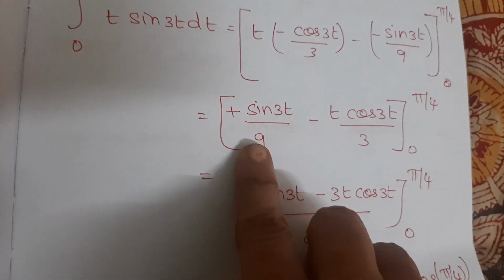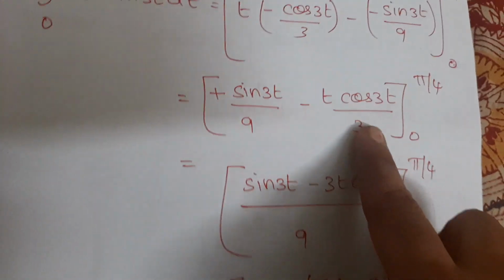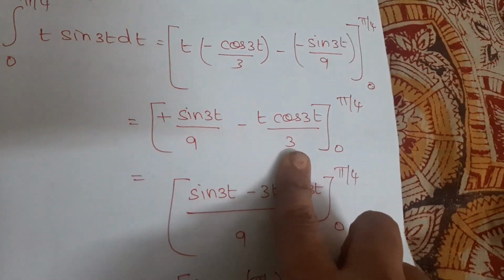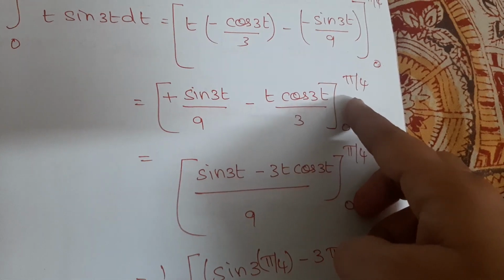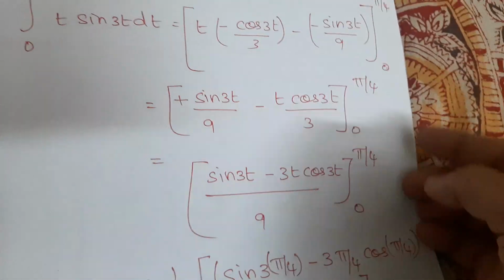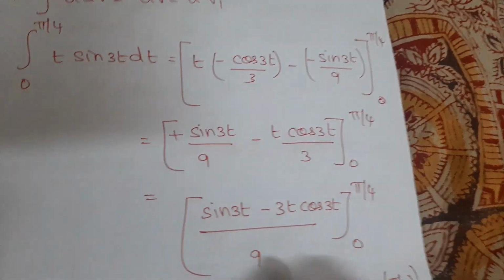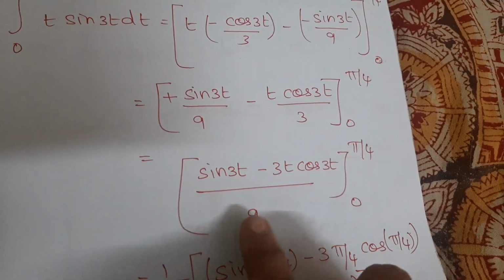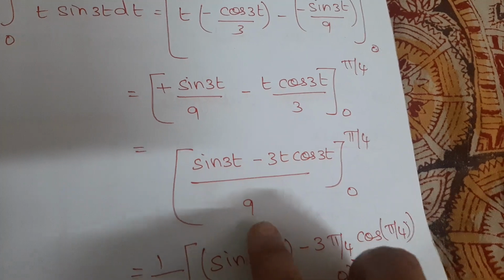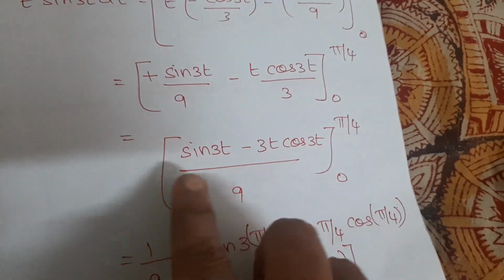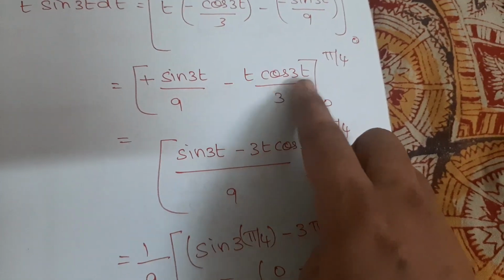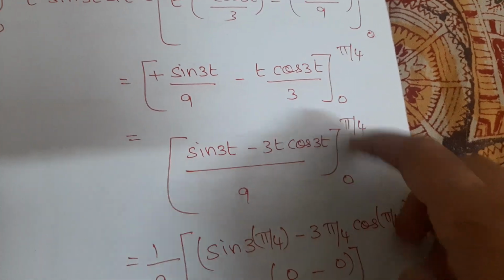First I am writing the positive term and next the negative term for convenience; otherwise if you know how to do it, you can do it directly. Taking 9 as LCM, it is sin 3t plus 3t cos 3t, from 0 to pi by 4.